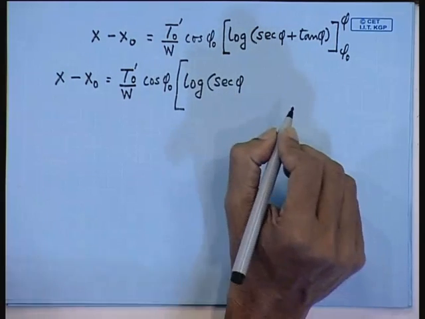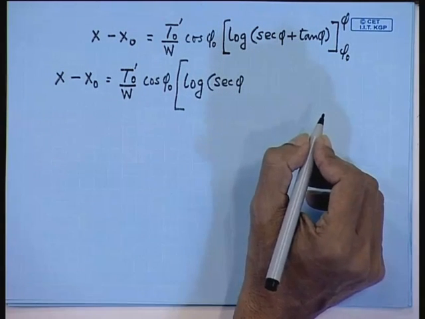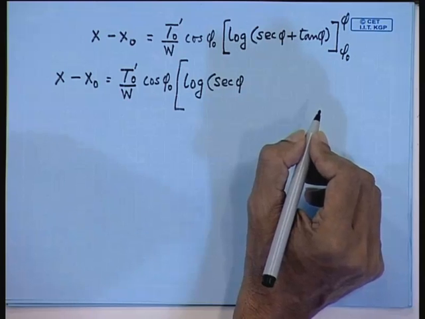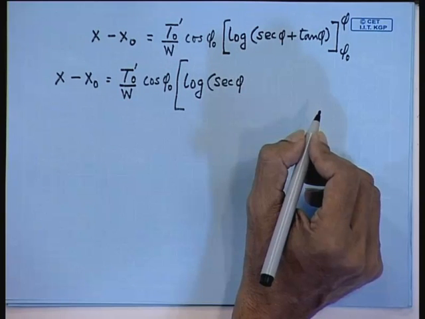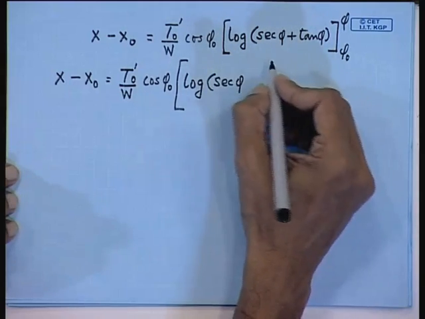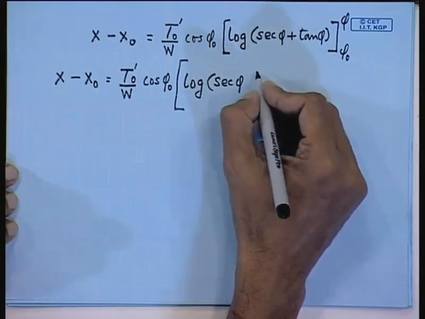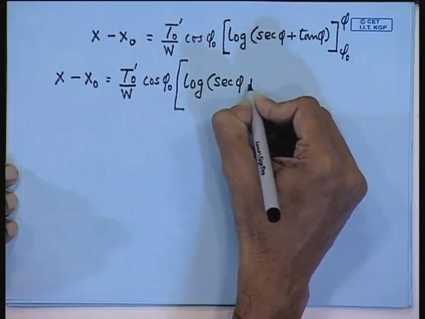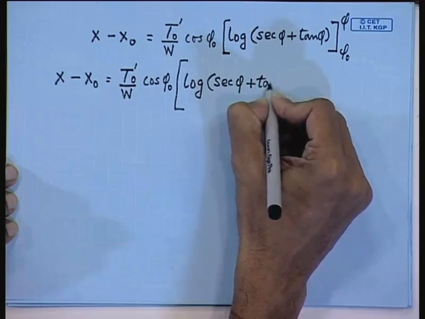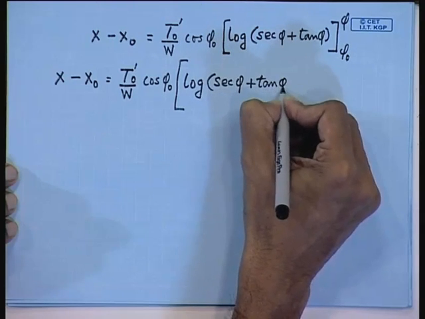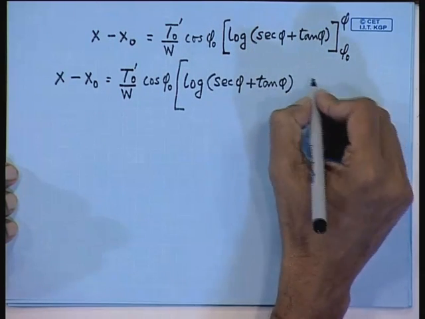Now similarly you calculate z minus z naught.